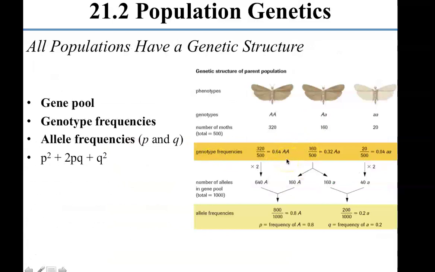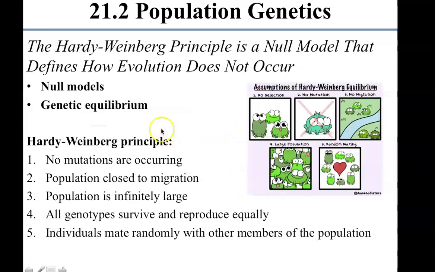A mutation is going to change DNA, and it's a source of genetic variation. So if mutations are occurring, then we would expect new alleles to be popping up. And if new alleles are popping up, then they're going to change these genotype and allele frequencies. So to remain in genetic equilibrium, the population can't have mutations.